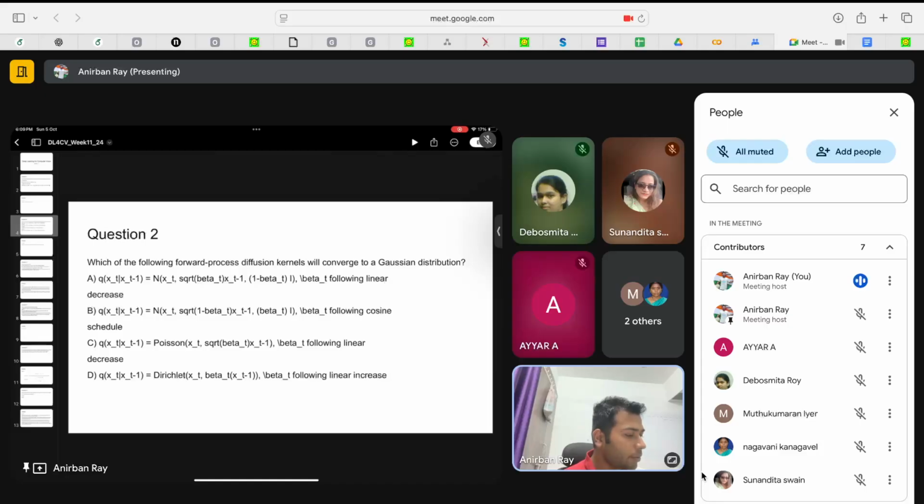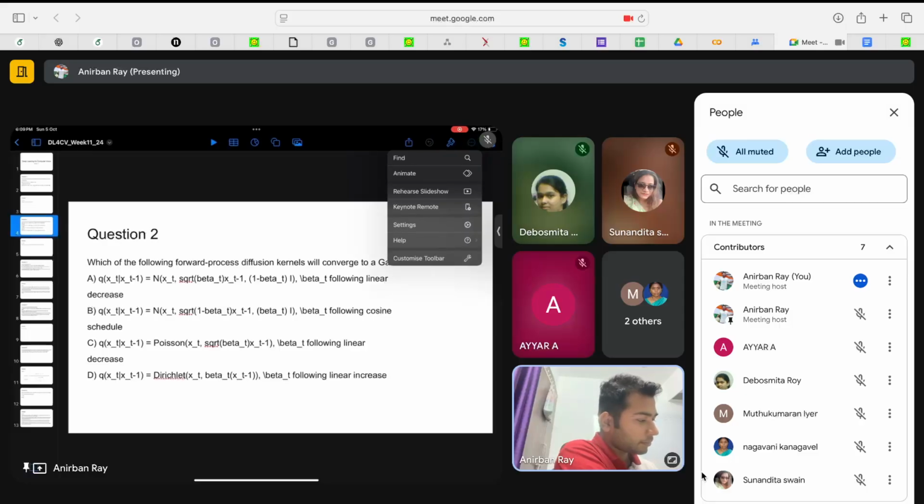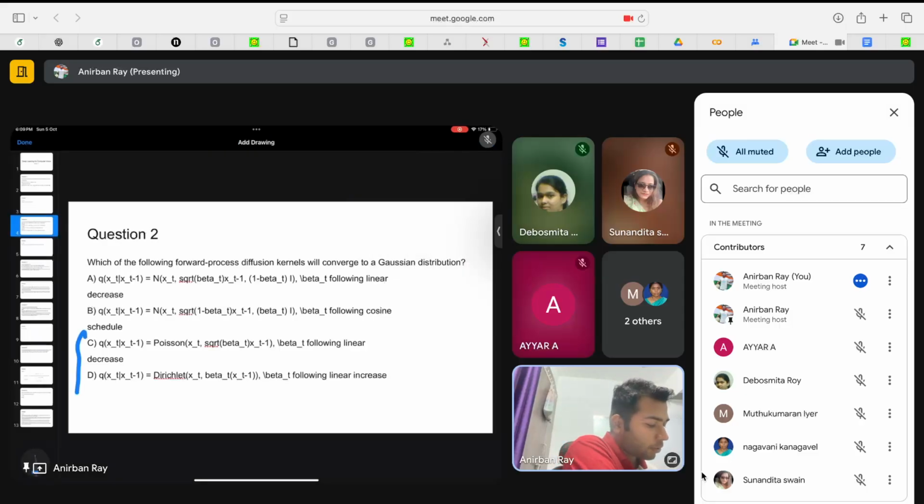Which of the following forward process diffusion kernels will converge to a Gaussian distribution? It is so hard to read here. Linear or cosine schedule, whatever schedule you use, it works out, so there you will not have any problem. Here they have used two things. One is Poisson and Dirichlet, and another is the normal distribution in the two.